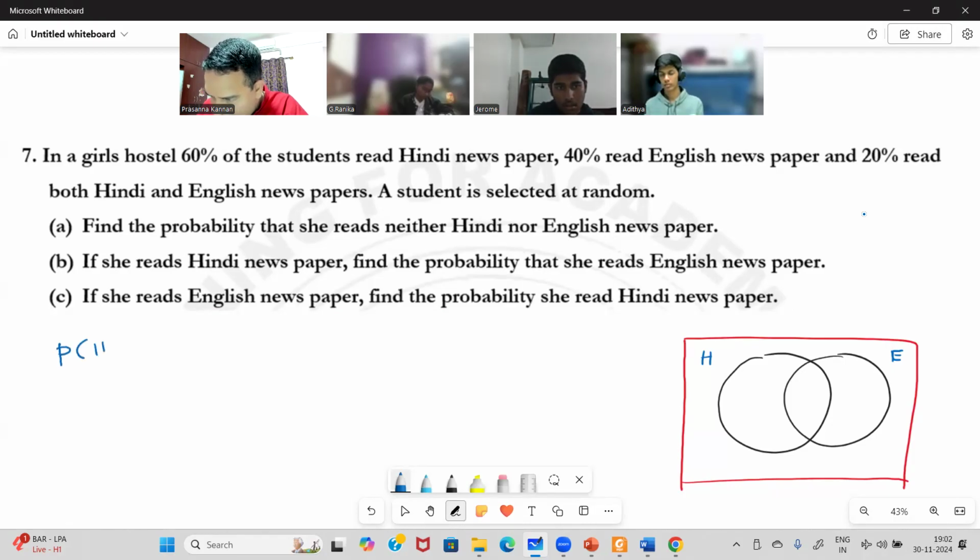So probability that a selected girl will read Hindi newspaper is 60%. That is nothing but 60 divided by 100, or I can say 6 by 10 or 3 by 5.